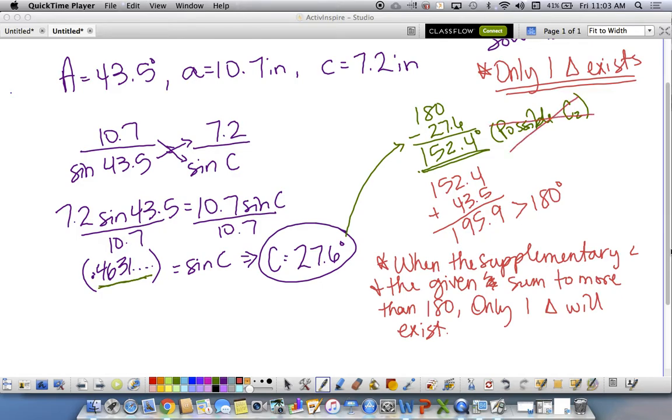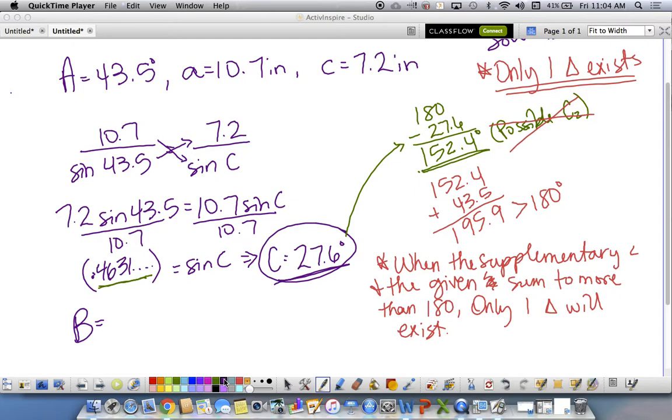So when I'm solving triangle ABC, I'm just going to finish going right here. If C is 27.6, then can I find angle B?